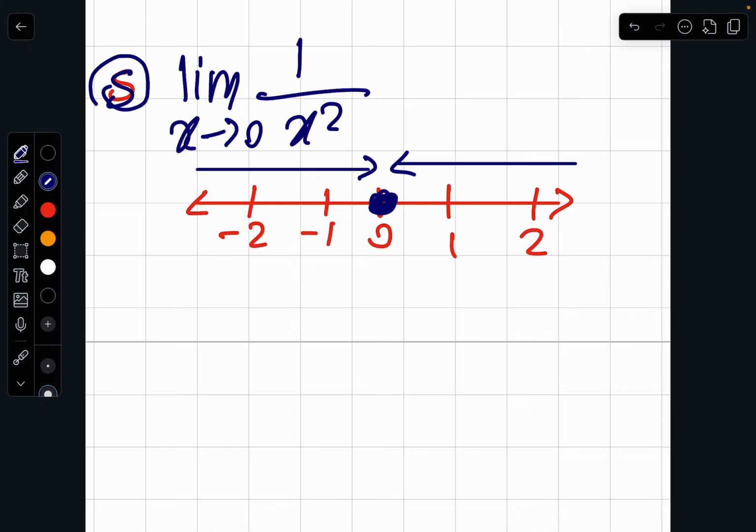Understand? So whenever approaching 0 from the left, the values of x must be less than 0. Whenever approaching 0 from the right, the values of x must be greater than 0. So what is the value of x at this point? These things are kind of difficult when we are in the negative world, ne? Let me show you something. In the negative world, remember, from 0 to -1, we need something, ne? Meaning we're going to have -0.1.